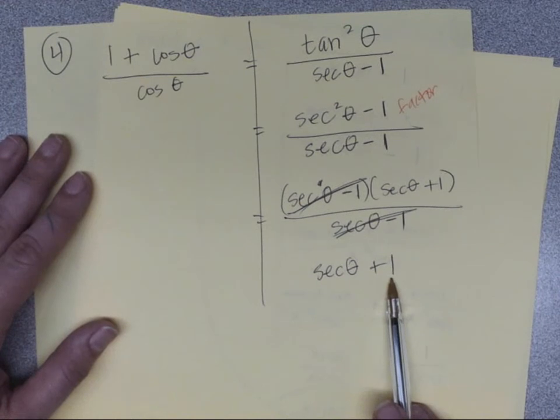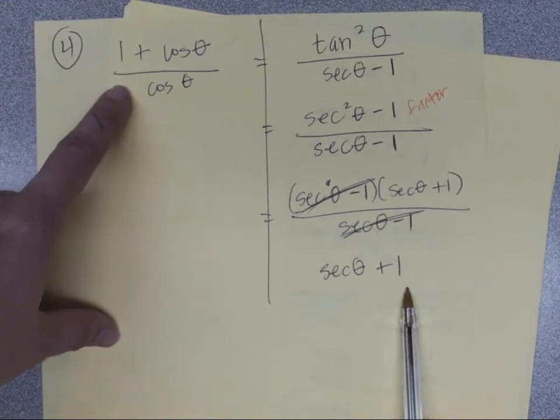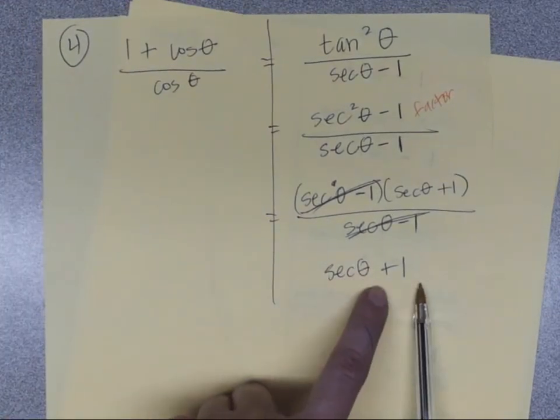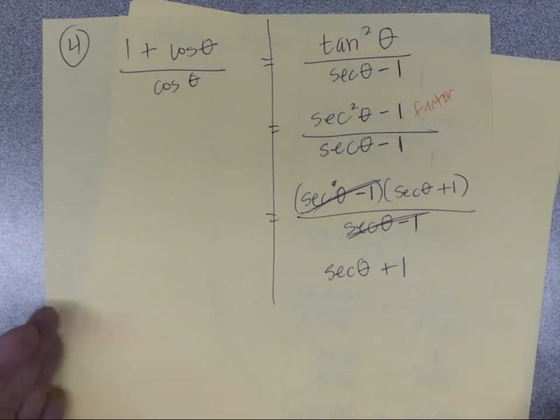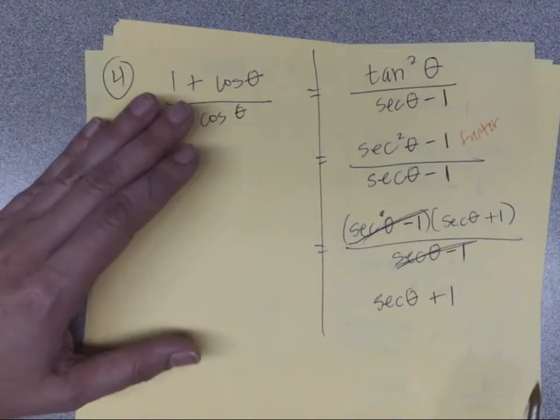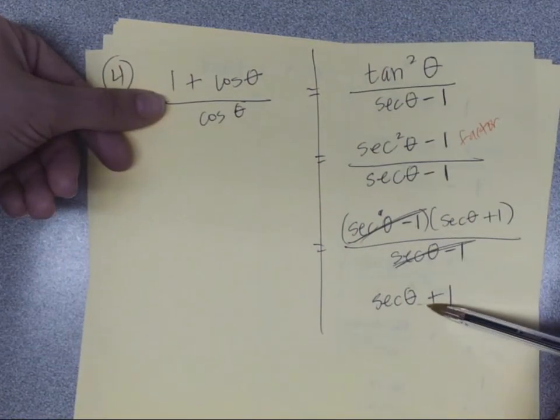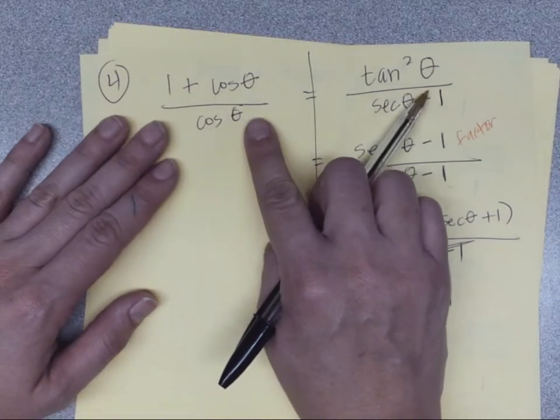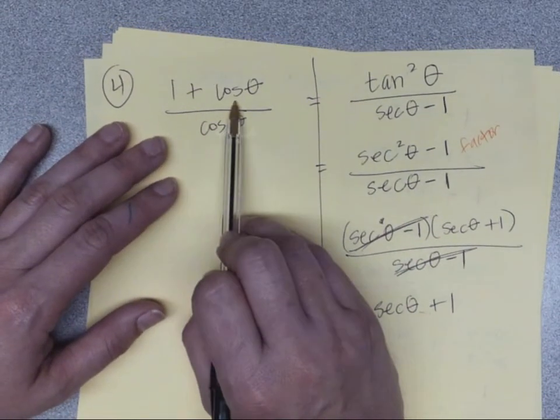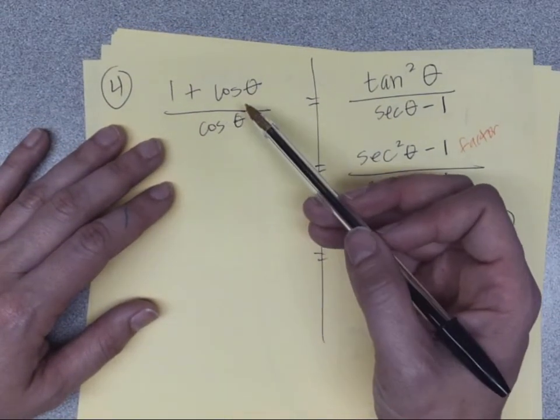So sometimes if you get stuck, it's helpful to start working on the other side. And if I can get this other side over to secant theta plus 1, then once they're the same, it's the same idea. Okay, so let me start over here and see if I can get this side down to secant theta plus 1. So looking at this, I can't do a Pythagorean identity because I don't have any squareds here.